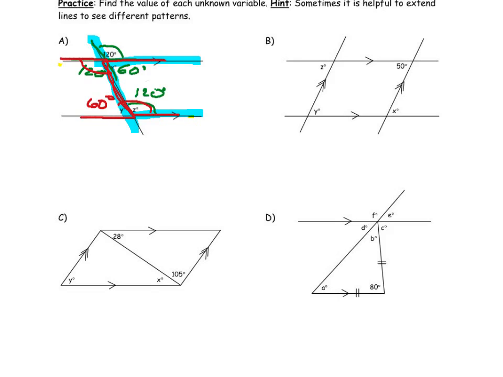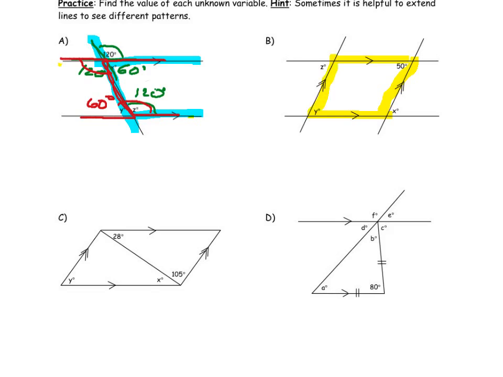Now diagram B is a special diagram because it has two sets of parallel lines. Those are marked by a single arrow, and these are marked by double arrows. In math, that's called a parallelogram.